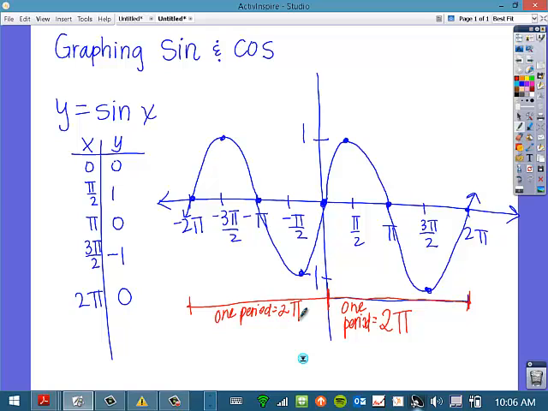The domain of this function is negative infinity to positive infinity. The range of this function is negative 1 to 1. And this is your basic sine graph. It has a period of 2 pi and its range is negative 1 to positive 1.